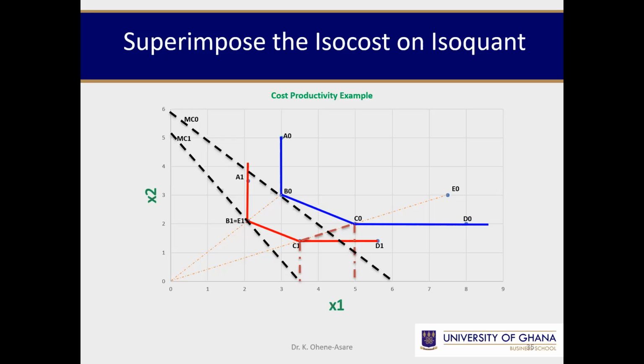Sometimes, for a simple example like this, Tone's approach will lead to the Farrell and Fare approach, but for a larger data set, it will not lead to the same results for every firm. So keep that in mind too.